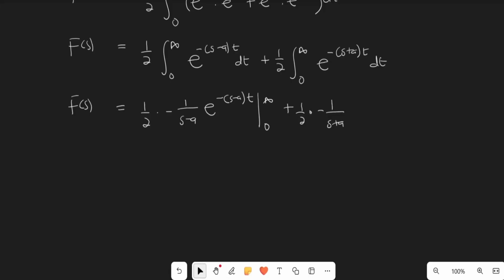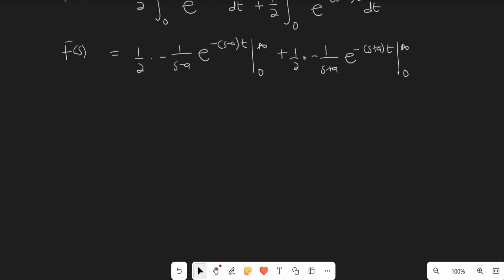This is multiplying, and then we are going to repeat the function e raised to the power negative s plus a times t, the limits of integration from 0 to infinity. Cool stuff. So F of s is equal to negative 1 all over 2 times s minus a.